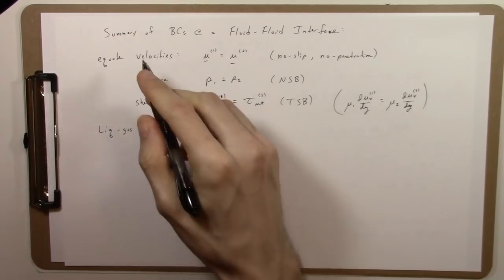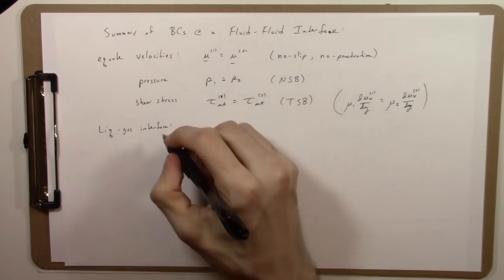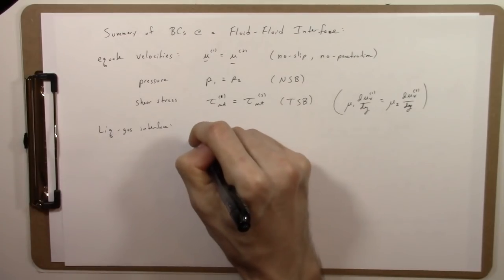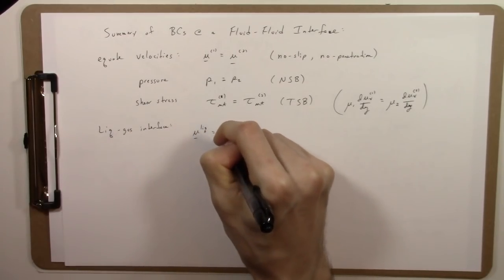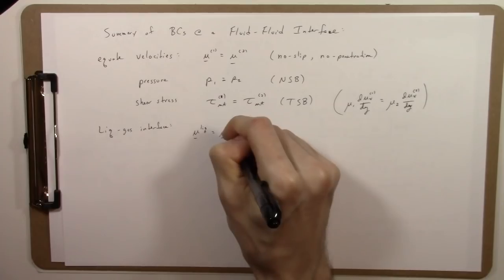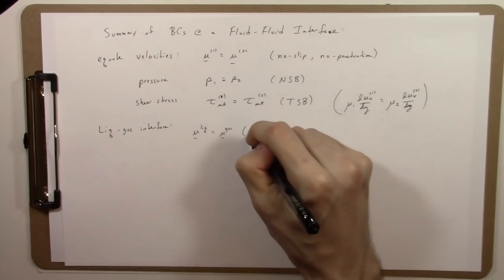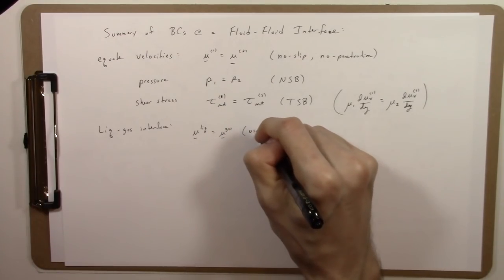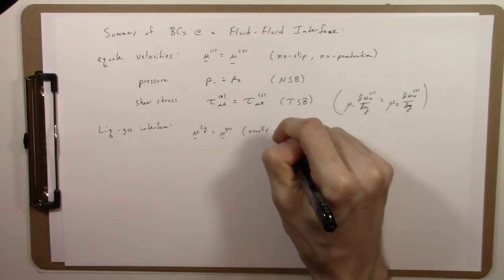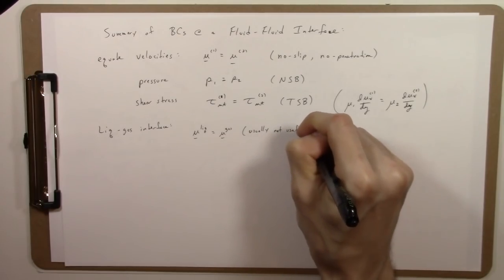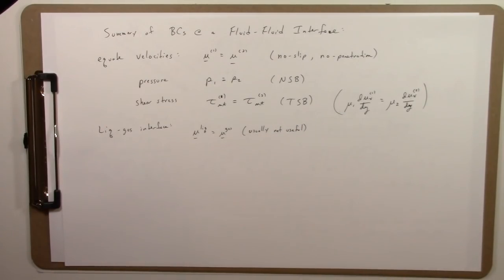If it's a liquid-gas interface, we can specialize these three results even further. So we get u liquid is equal to u gas. This is usually not useful because we don't really know what the gas velocity is.